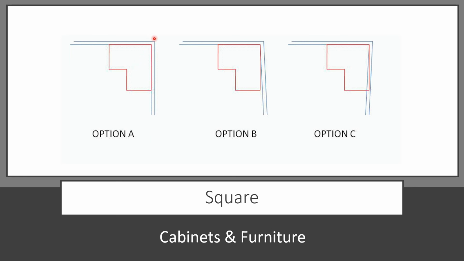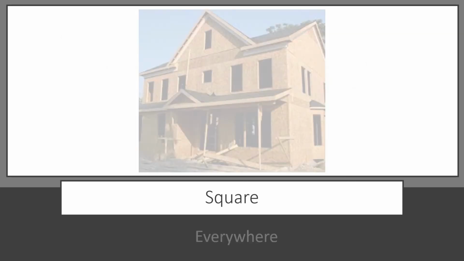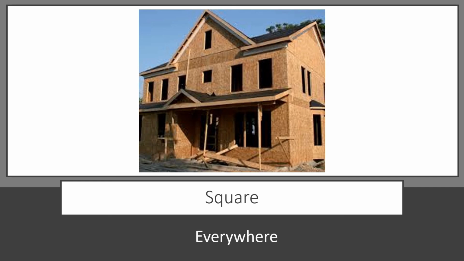The cabinet fits perfectly in the corner. But if it's out of square, you're going to have a big crack here. Or if it's out of square this way, it won't fit back into the corner. So no matter what we're building, we realize the importance of getting things square. Now let's look at some different ways we can be sure things are square.